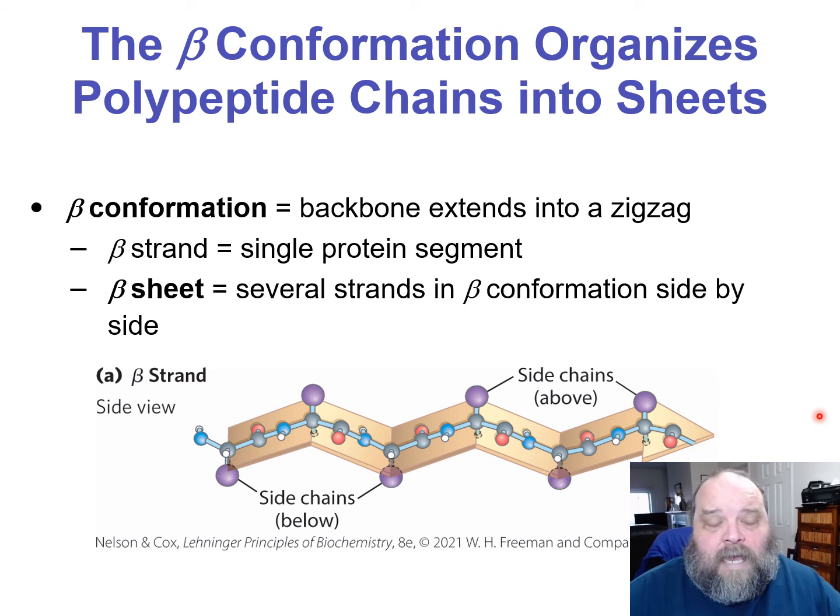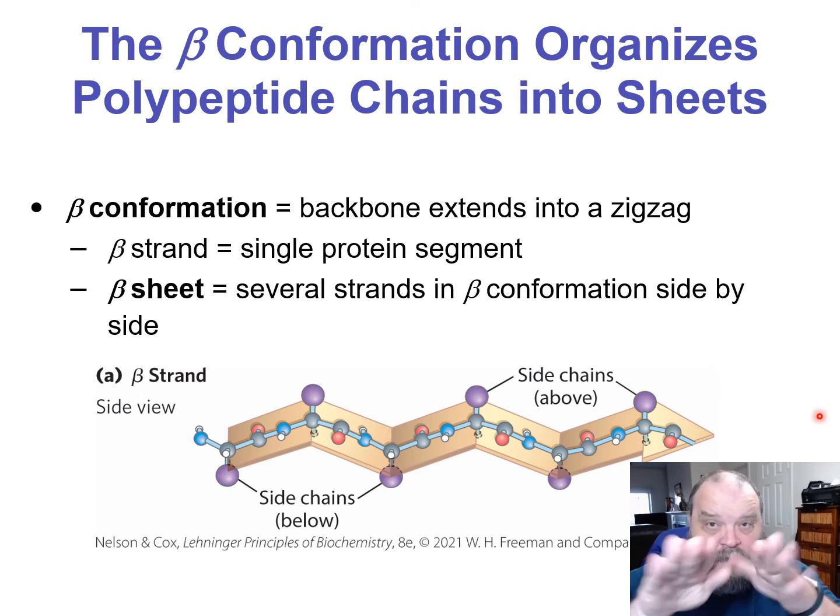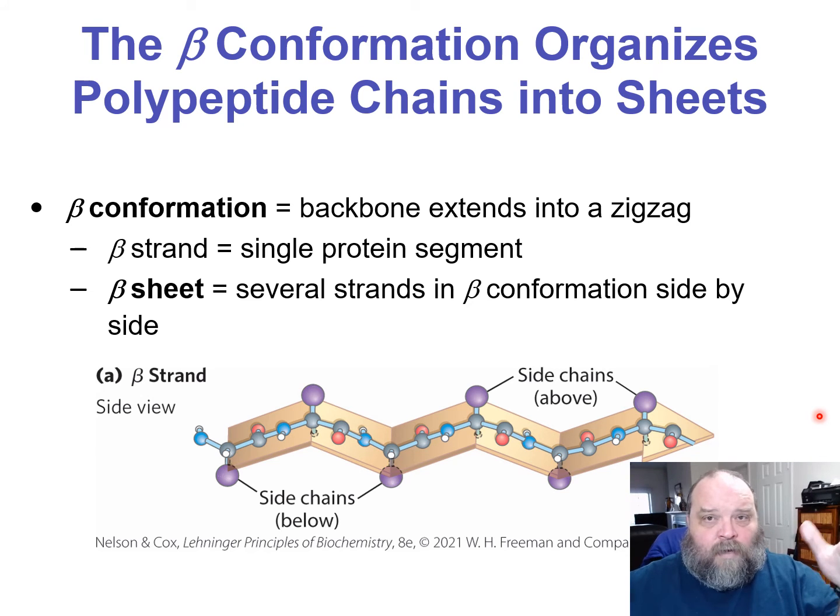I always use the analogy when discussing beta strands, back in the dark ages, when our maps were on paper and you had to fold them up, that accordion fold. If you stretch it out, and you let it relax a bit, it will take on this up-down undulation form. Beta strand.